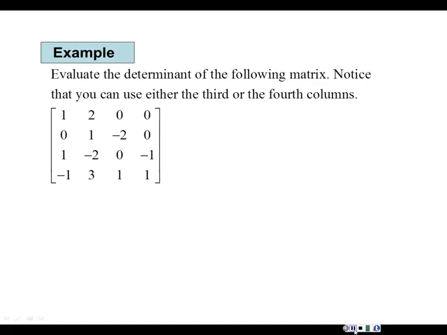Let's say this is our matrix here: 1, 2, 0, 0, 0, 1, -2, 0, 1, -2, 0, -1, -1, 3, 1, 1. If you are trying to find the determinant of this matrix, we always want to have the determinant, because using Cramer's rule, when you are solving a system of linear equations of any number of variables, you will need the determinant.